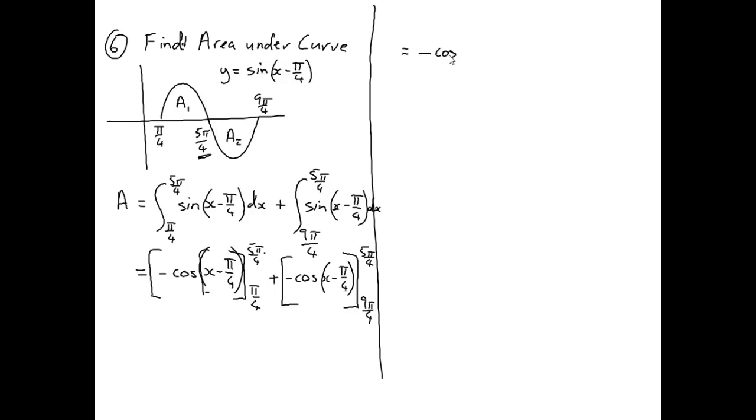That gives me minus outside the cos of 5 pi on 4 minus pi on 4, which is 4 pi on 4, which is pi, minus cos of 0.